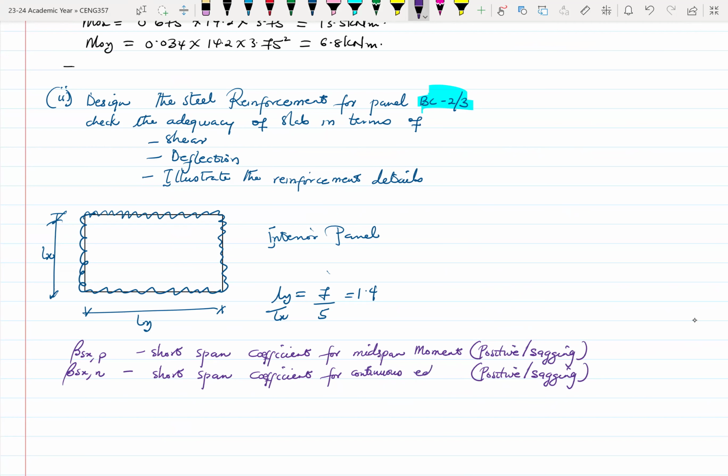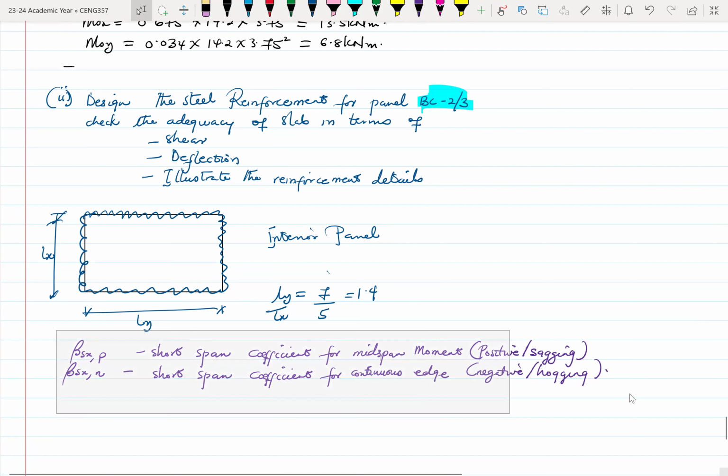And this is what we call the negative or the hogging moment. So you have beta SX positive and beta SX negative.